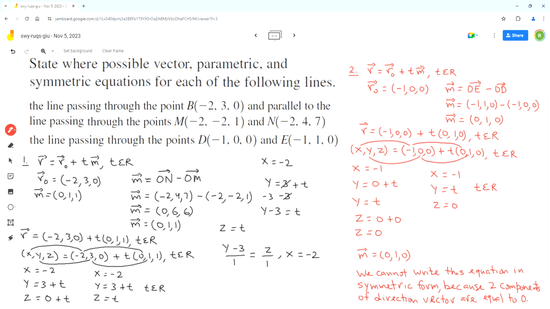So this can be the final answer for the symmetric form of equation. So these are the steps you have to keep in mind to solve a problem like this one.